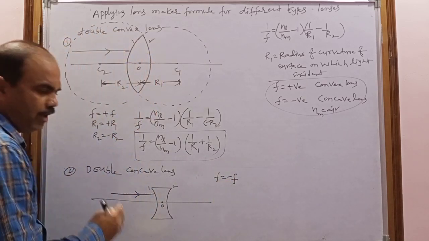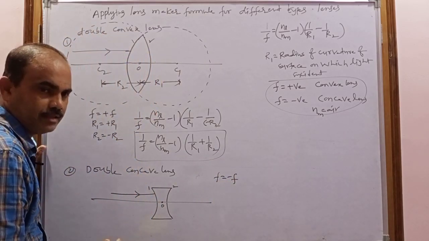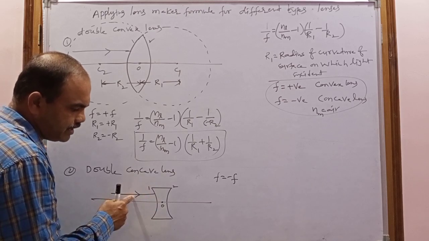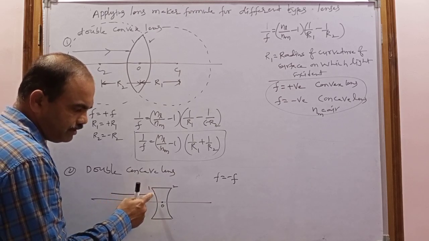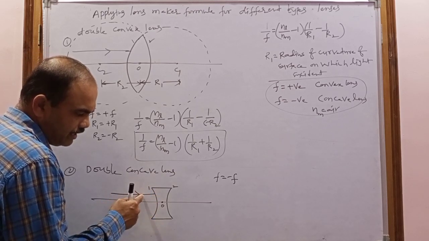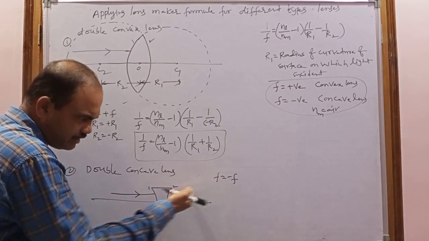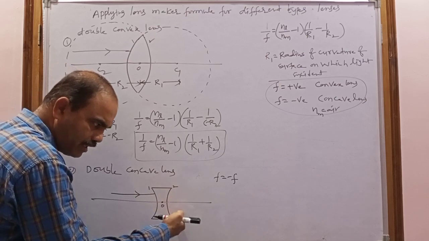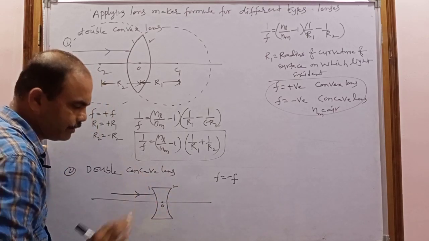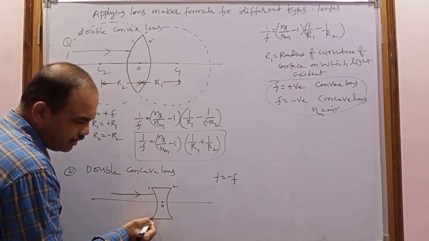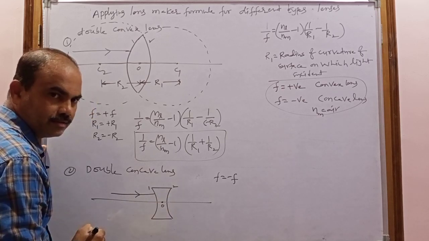Now coming to R1 and R2: which surface is taken as R1? The surface on which the light is incident. That's why that surface is the first surface. Remember, now I know that this is the first surface and this is the second surface.